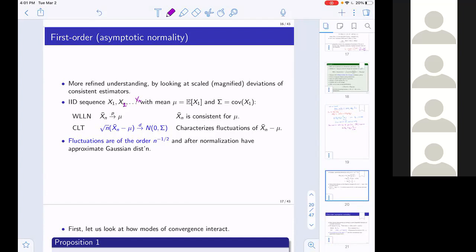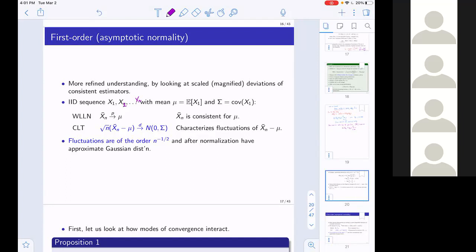Now I can ask how fast it converges to mu. The way this has traditionally been worked out is that we show that root n times (x bar n minus mu) converges to something, but not to something specific. Things are random.